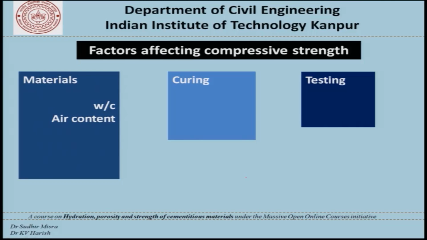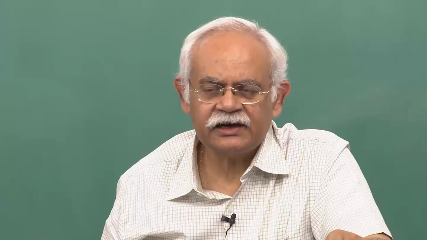Air content, in principle, it can be argued that increasing the air content increases the voids in the concrete and therefore may tend to weaken the concrete or reduce the compressive strength of concrete.